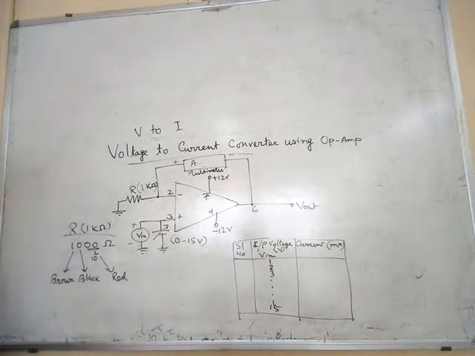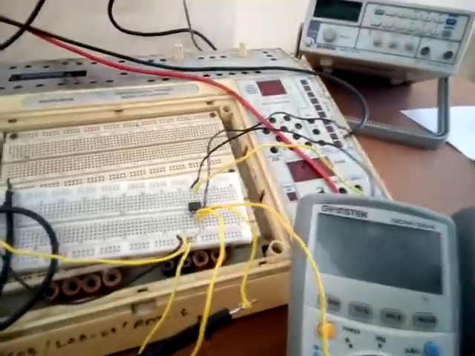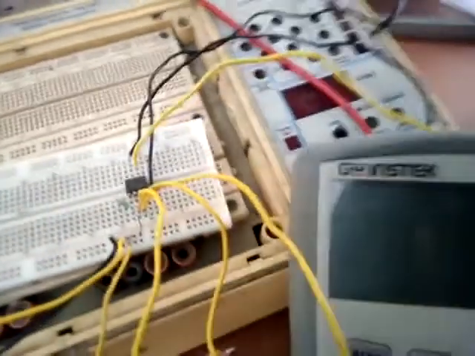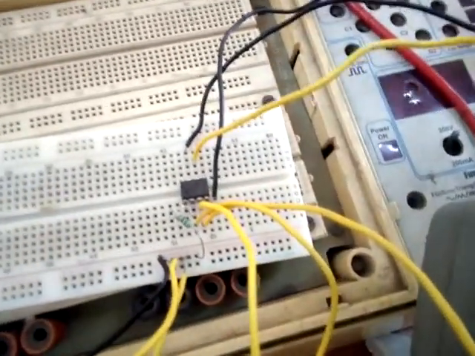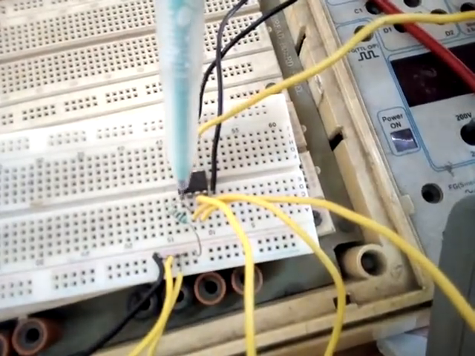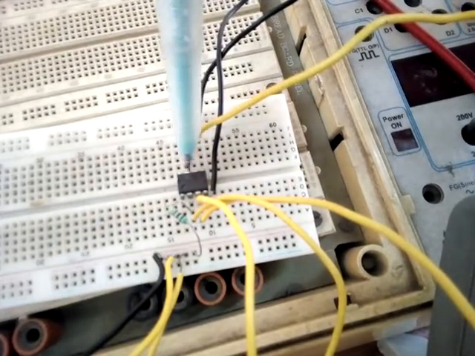Now go to the kit for the practical. Now you can see the circuit diagram. This is op-amp notch, pin number 1, 2, 3, 4, 5, 6, 7, 8.